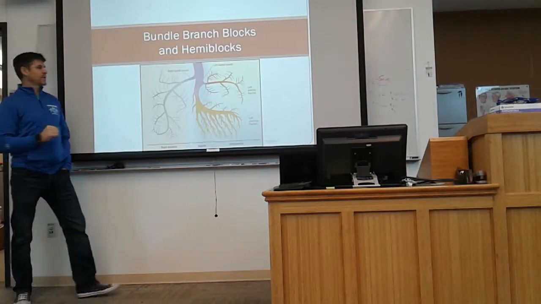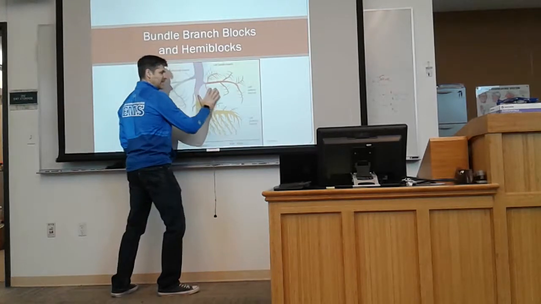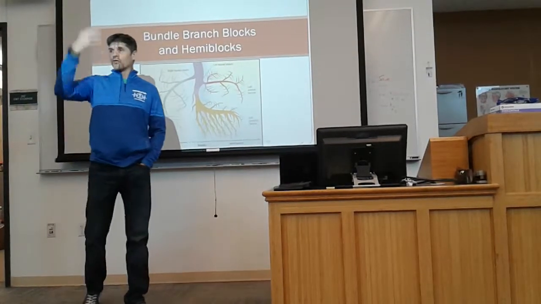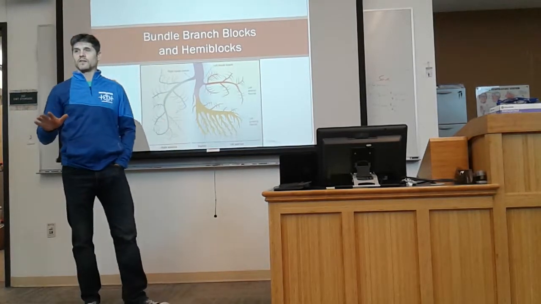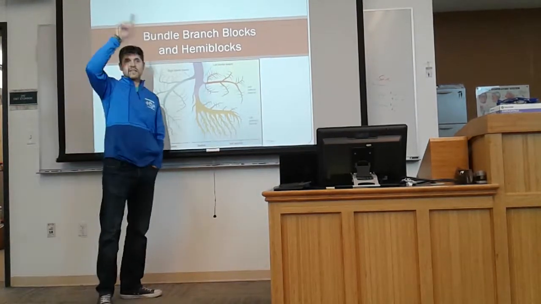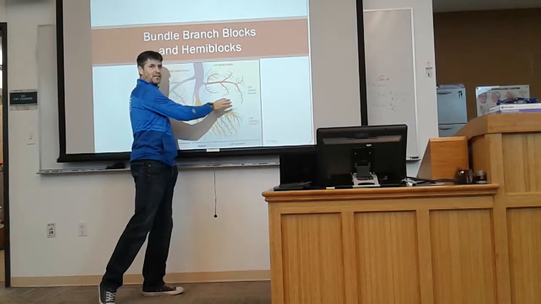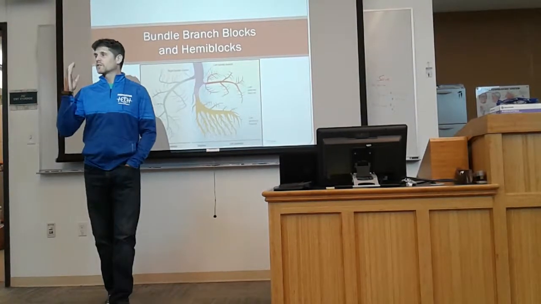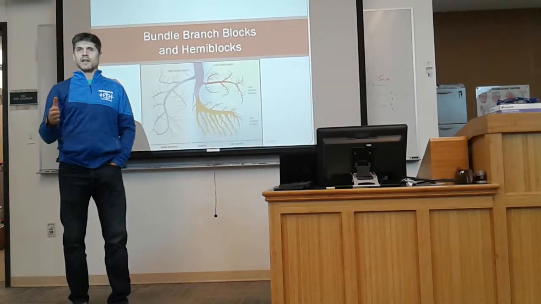Time. So this might get the signal very, very quickly, which gives us the start of what seems to be a normal QRS complex. We see the spike because it went through the Purkinje fibers, it fired like it was supposed to, so we see the start of a normal QRS complex.